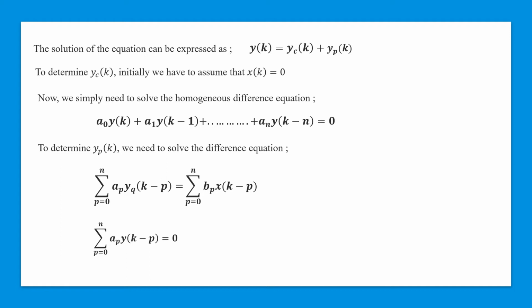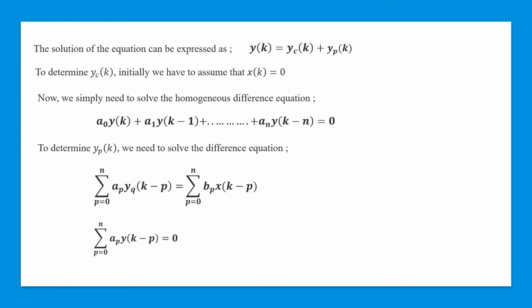The first part yc(k) is referred to as the complementary or homogeneous solution, and the second part yp(k) is referred to as the particular solution. To determine yc(k), initially we assume that x(k) is equal to 0.